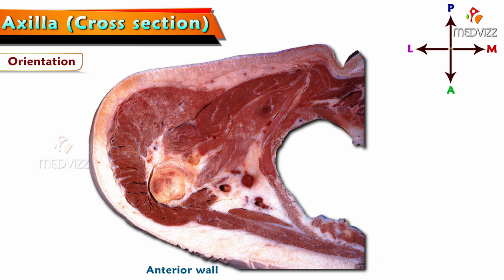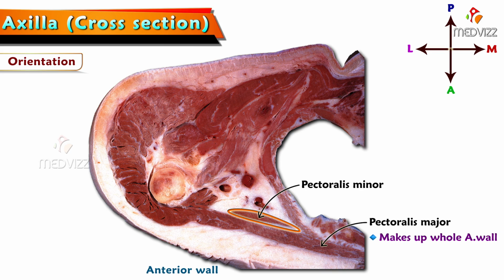Anterior wall of axilla exhibits two muscles, pectoralis major and pectoralis minor. Pectoralis major makes up the whole anterior wall, and pectoralis minor is a smaller muscle present underneath pectoralis major.